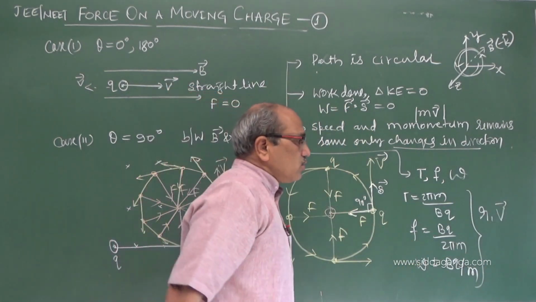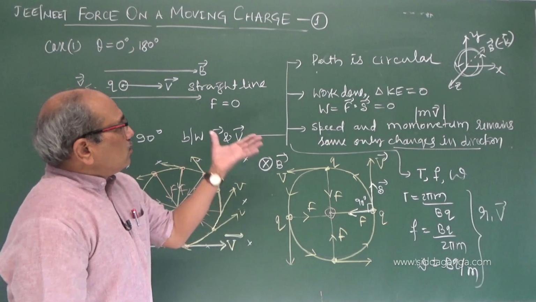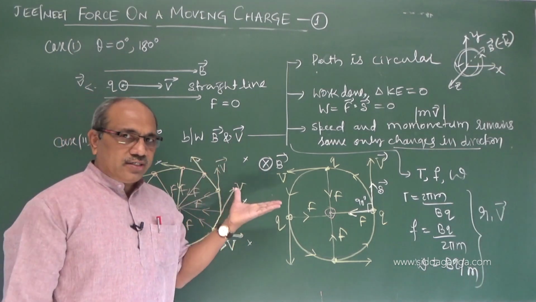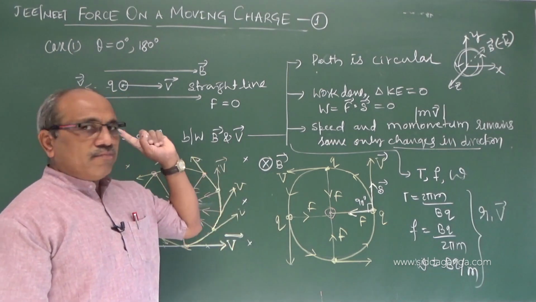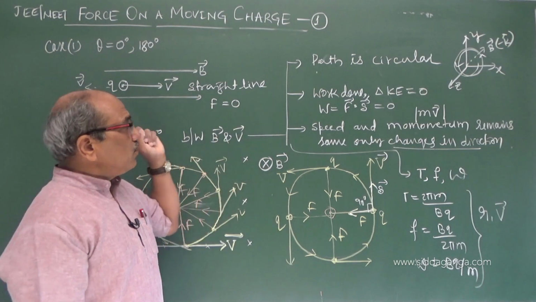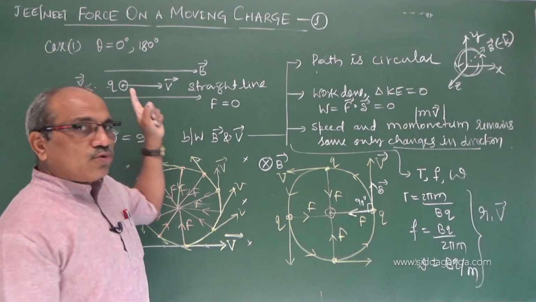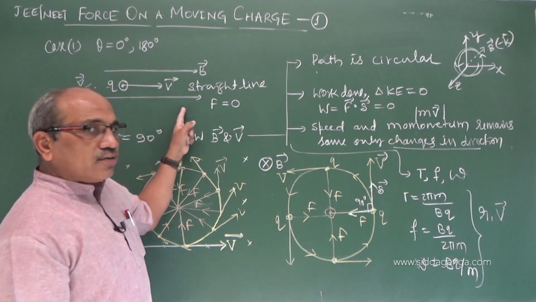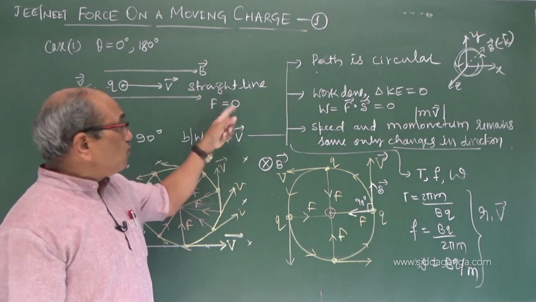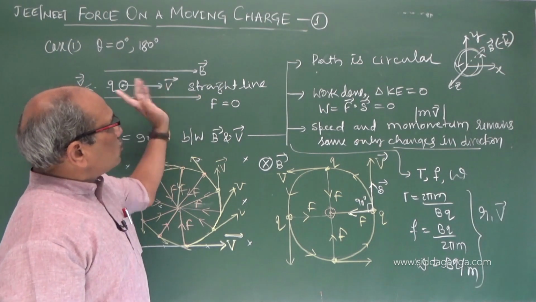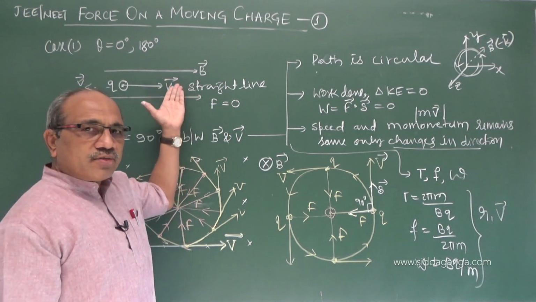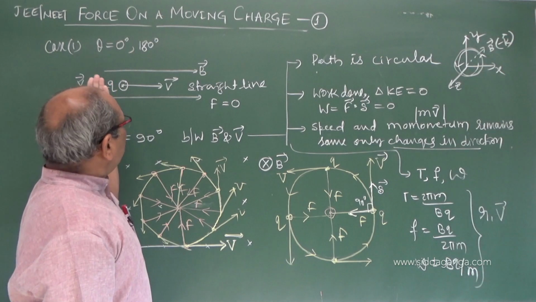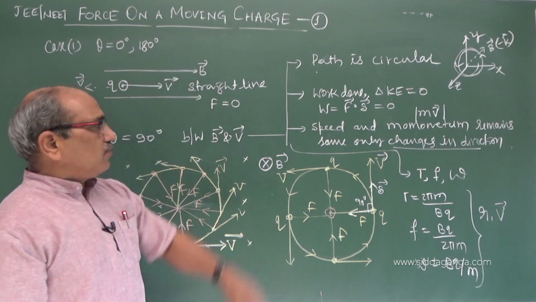So you have to remember these points correctly to solve the entrance questions. You remember, in the magnetic field, if you place a charge at rest, it won't experience any force. If it is traveling parallel to the magnetic field, no force, because there is no interaction between the charge and the magnetic field.